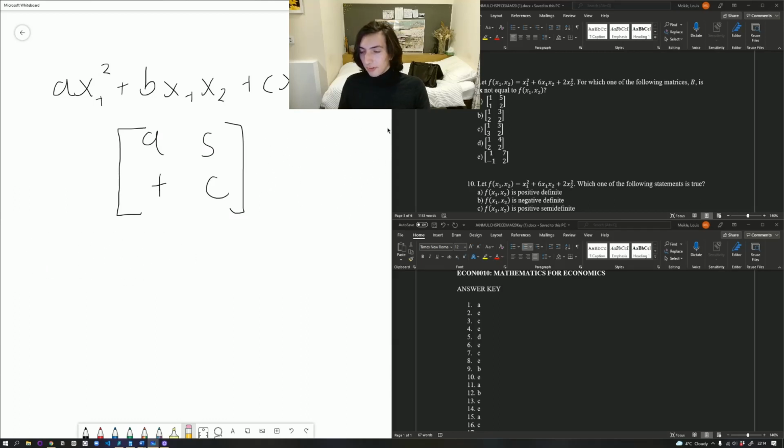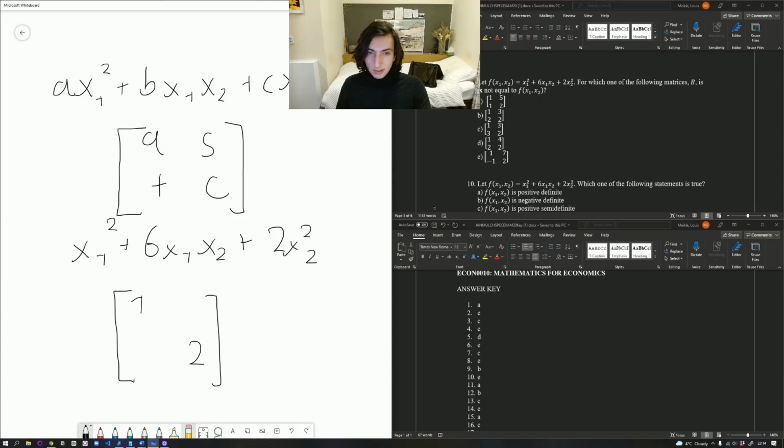Now, for our equation, we've got x1 squared plus 6x1 x2 plus 2x2 squared. So we know from logic here that a has to be 1 and c has to be 2. But we can also see that that is the case for literally every single one of these matrices. So we now need to figure out something else.